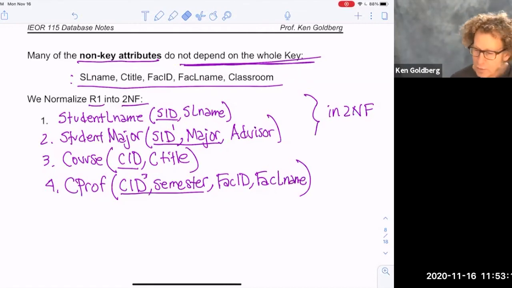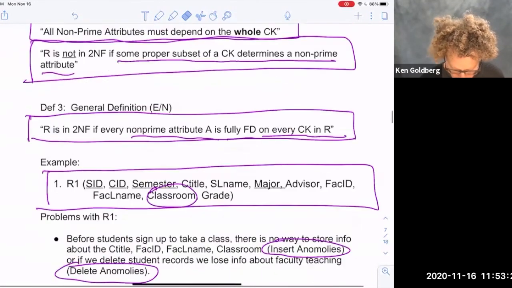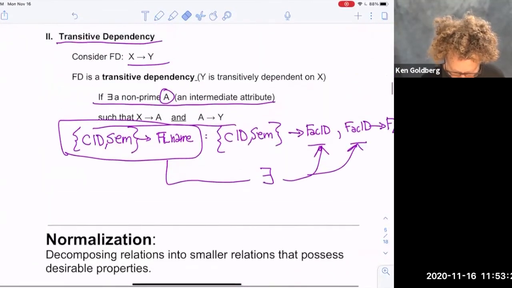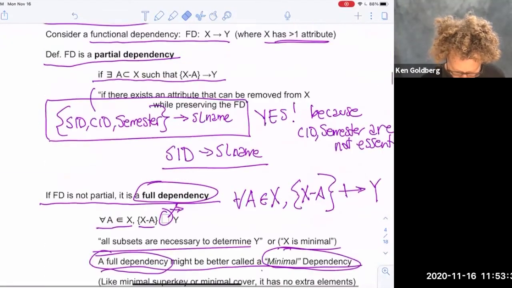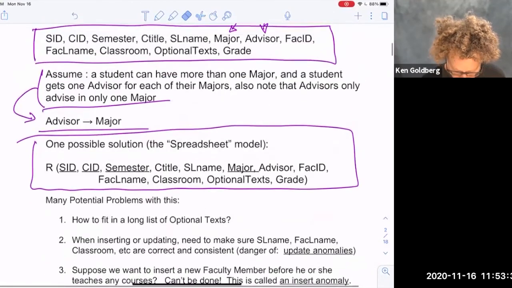Now I saw a note from Ali here in the questions, that students can have more than one major. Yes, absolutely. So remember that was something we talked about up here, and I'm just going to scroll back. All the way at the beginning of the lecture, this.